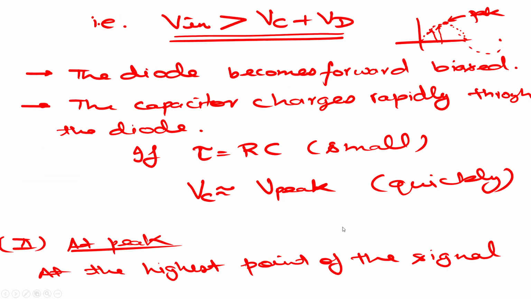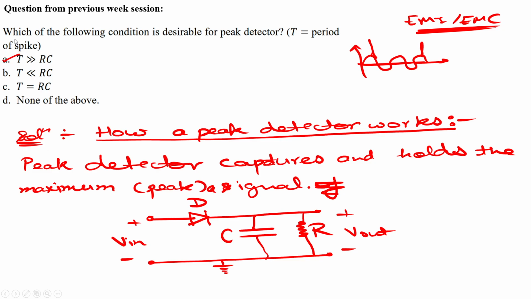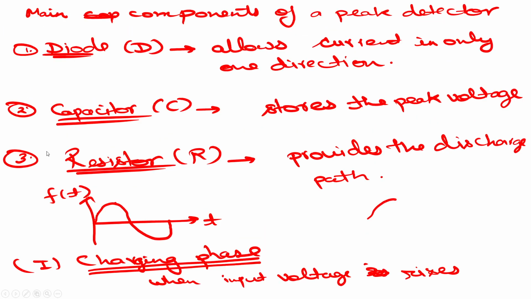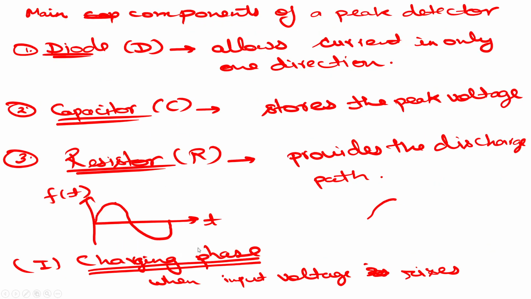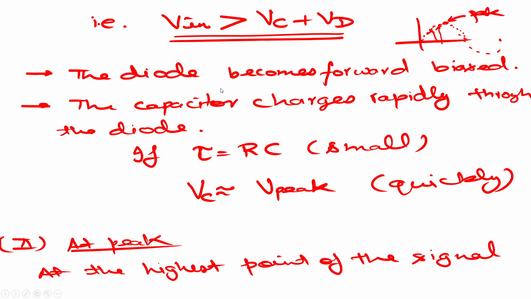For those who have joined just now, we are discussing a question about which of the following conditions is desirable for a peak detector, and how a peak detector works. The peak detector consists of a diode, a capacitor and a resistor, and there are three stages. The first is the charging phase, where the diode is in forward bias.